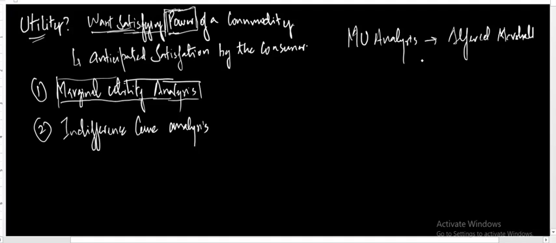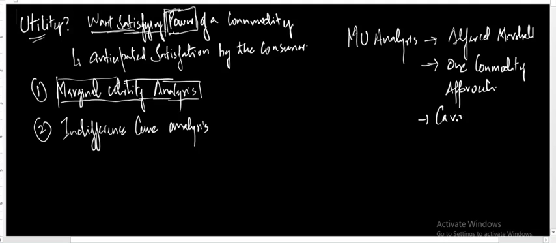Some of the important things that you need to note about this marginal utility analysis is that it's a one commodity approach, or sometimes called a single commodity approach, and it is also known as the cardinal concept. Let me talk about the various assumptions of the marginal utility analysis.